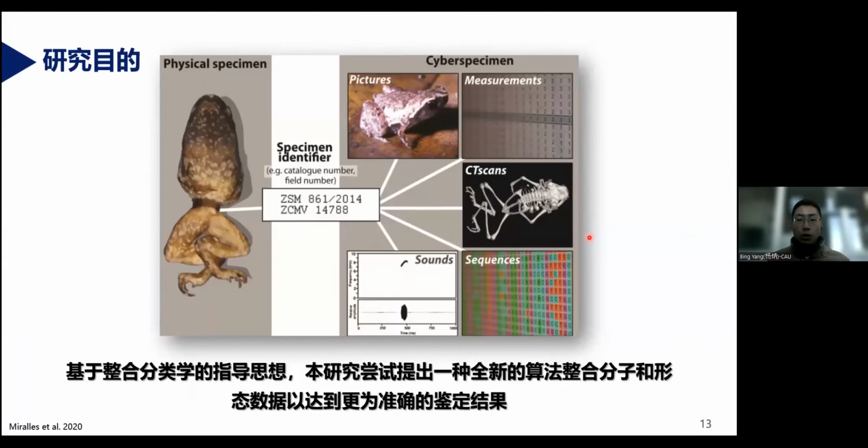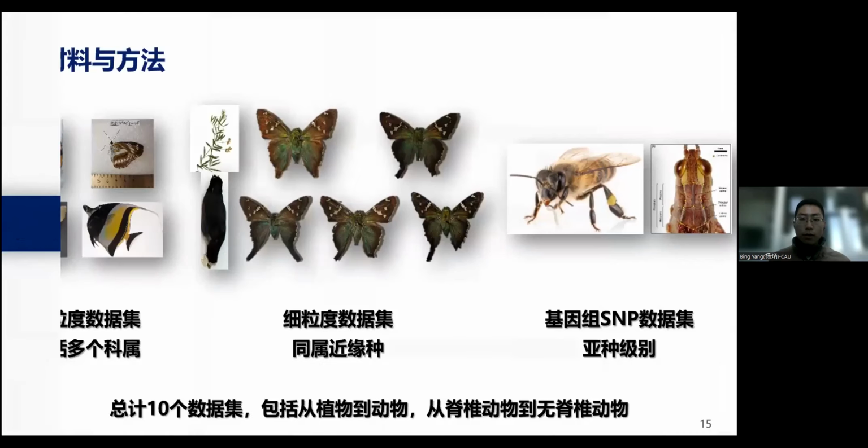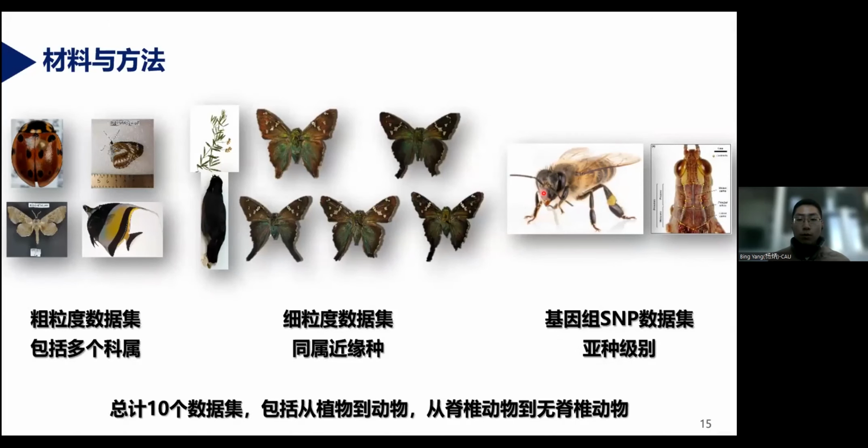In recent years, more and more scholars have proposed integrating genetics, physiology, ecology, morphology, etc., to understand the process and trend of speciation, and integrated taxonomy to have more accurate identification and provide more information, including multiple dimensions of samples, including form, sound, and molecular evidence signals as well.